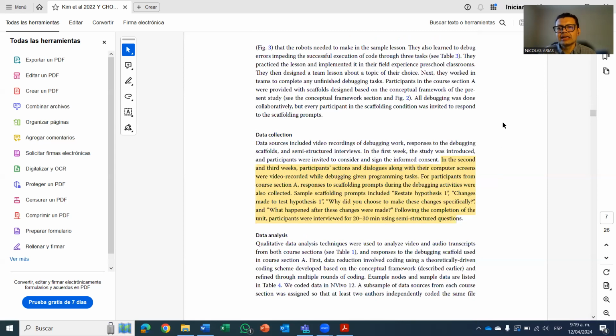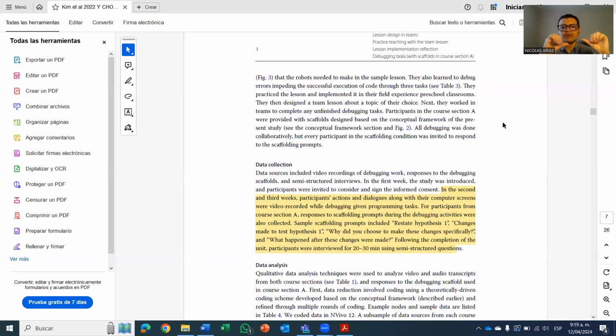And the analysis items began with data collection. In data collection, they say that in the second and third weeks, participant actions and dialogues, along with the computer screens, were video recorded while debugging given programming tasks.